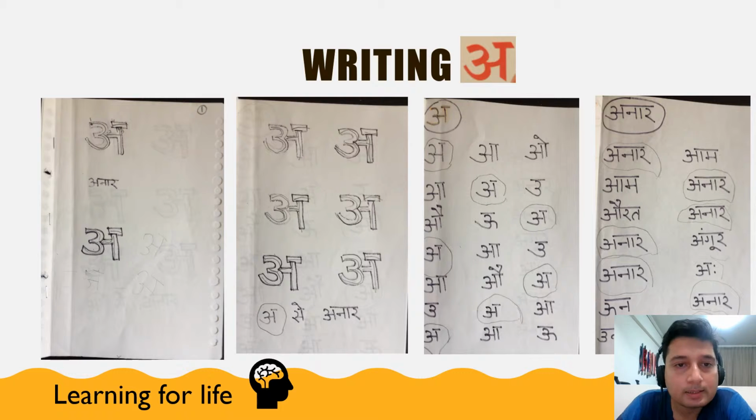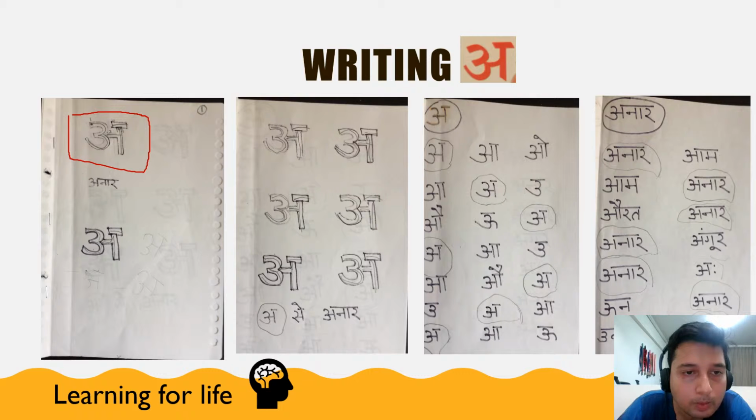You can see this is the first worksheet, and in this worksheet I have the letter A here, and it's in a very big font, and I have the sequence of tracing. So you can see 1 1 2 3 and the 4.